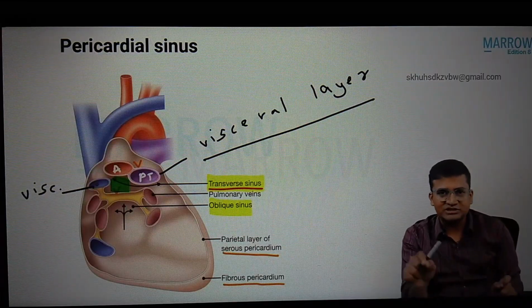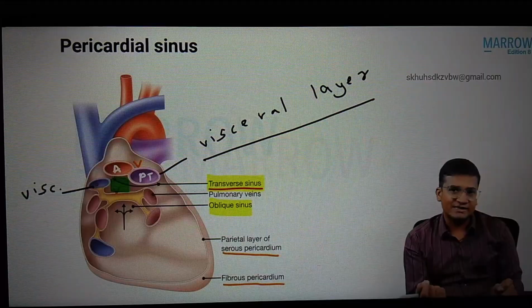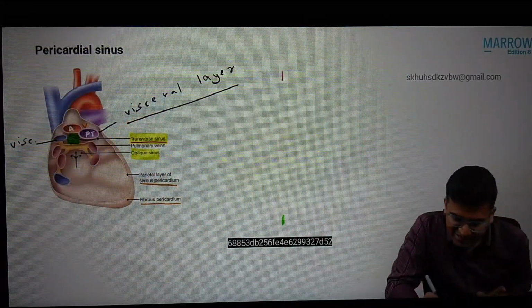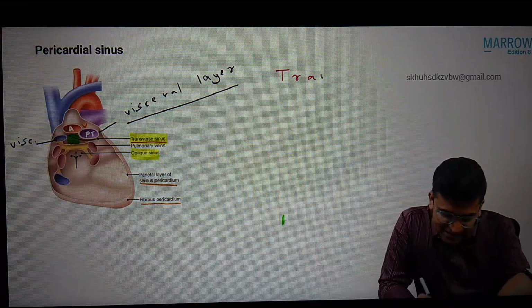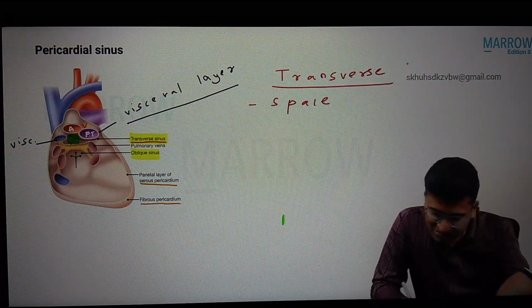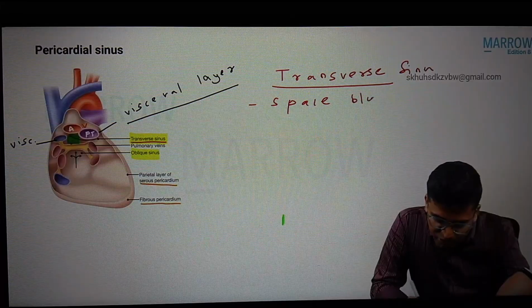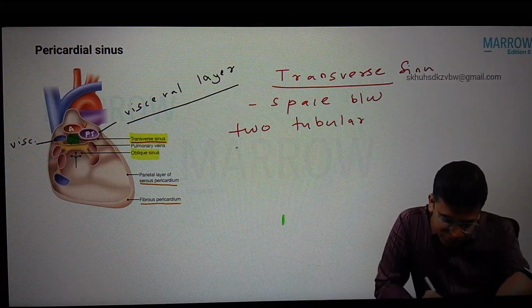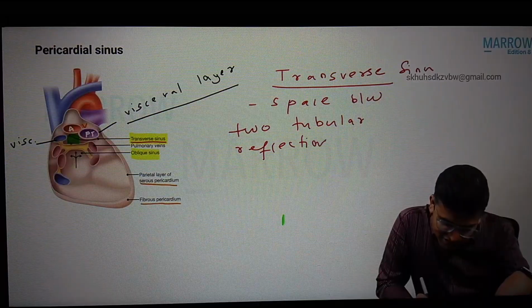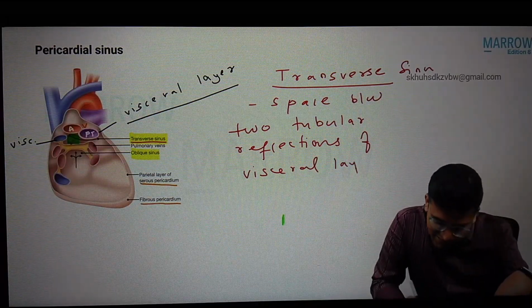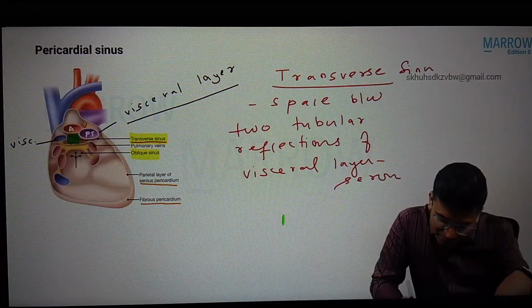That space is transverse, and is called the transverse sinus. Clear? So now please write: transverse sinus is a space between the two tubular reflections of the visceral layer of the serous pericardium.